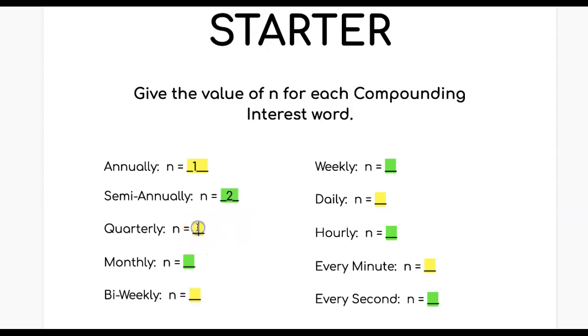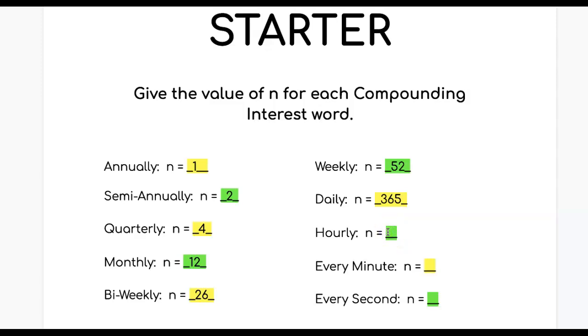Quarterly, monthly is how many times per year? Bi-weekly is every other week the whole year. Weekly is once a week, which is 52 times a year. Daily is every day, so 365 times per year.